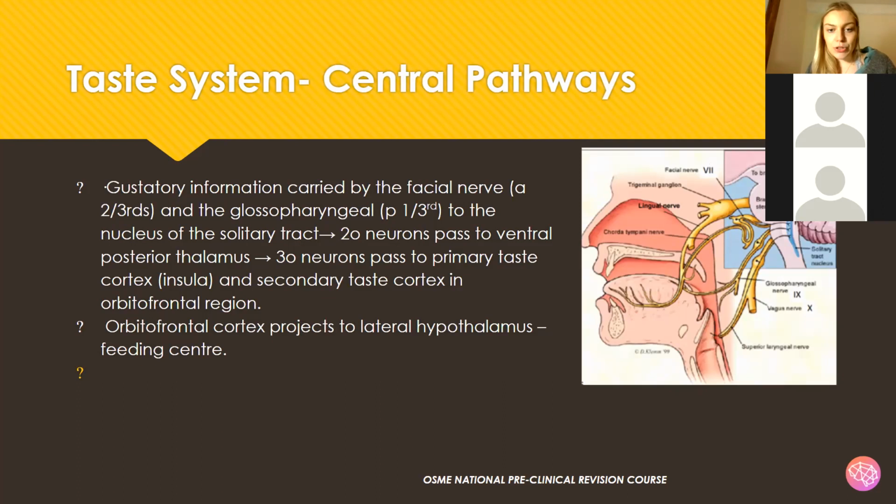Then our secondary neurons pass to the ventral posterior thalamus, and our third order neurons pass to the primary taste cortex, which is in the insula, and the secondary taste cortex in the orbitofrontal region. And our orbitofrontal region projects then to the lateral hypothalamus, which is the feeding center, which is why we want to eat more of things when they taste good, or part of it at least.